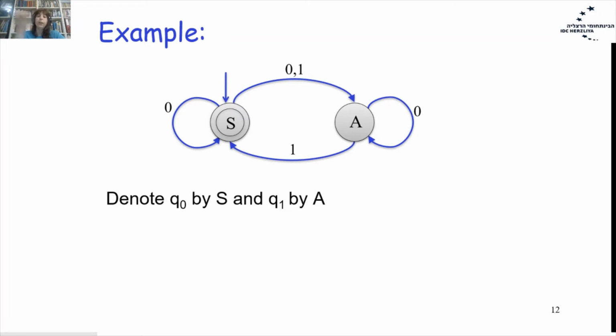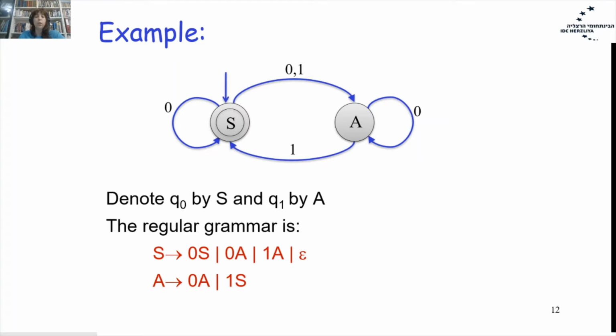We have a self loop with 0 from S to S, so we add the new rule S derives 0S. We have an additional arrow from S to A with 0 and 1, so we translate it into two rules: S derives 0A, S derives 1A.